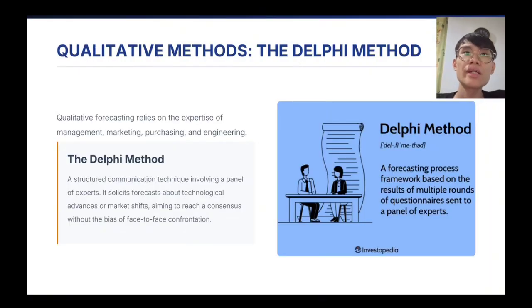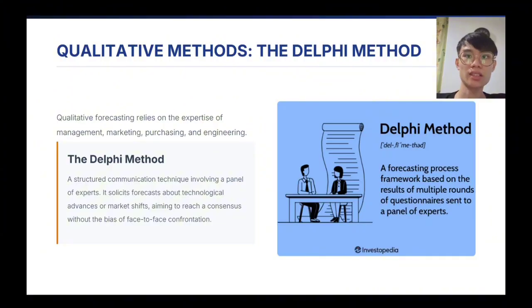The next slide is the Delphi method. This slide introduces the Delphi method, a prominent qualitative forecasting approach frequently used when historical data is limited or when future developments are highly uncertain.